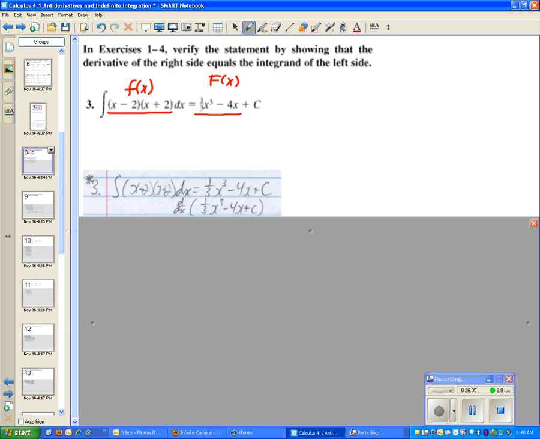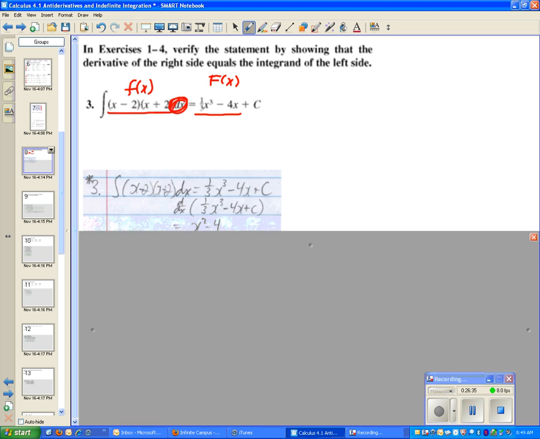So, all we have to do is take the derivative of the right side, with respect to x. If I didn't know, I would know because of the dx. Okay? So, take the derivative with respect to x of 1/3 x cubed minus 4x plus c. All right. Plain old derivative. Thing we've been doing for a long, long time. What's the derivative of 1/3 x cubed?